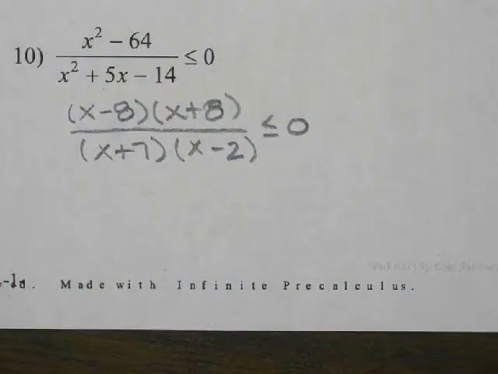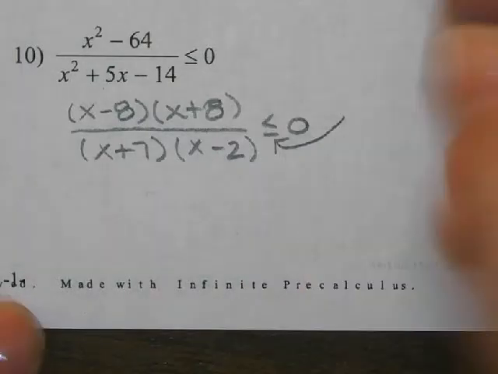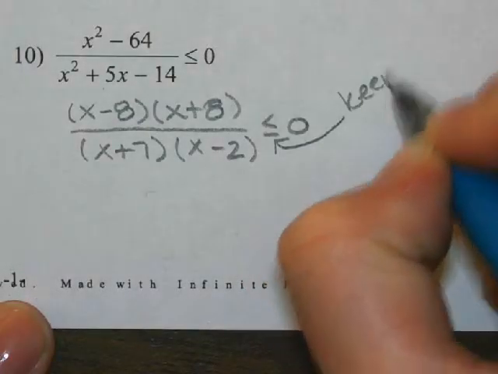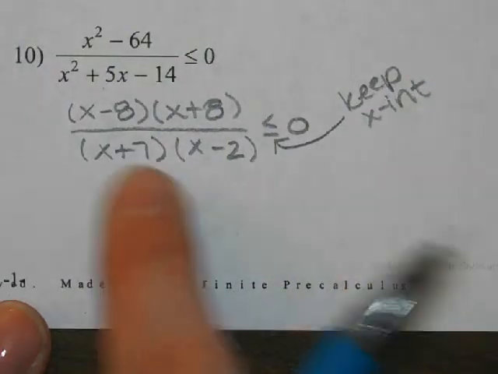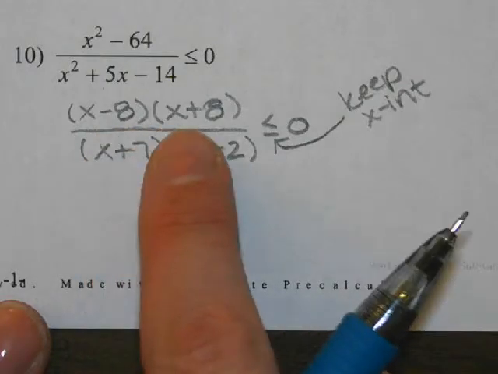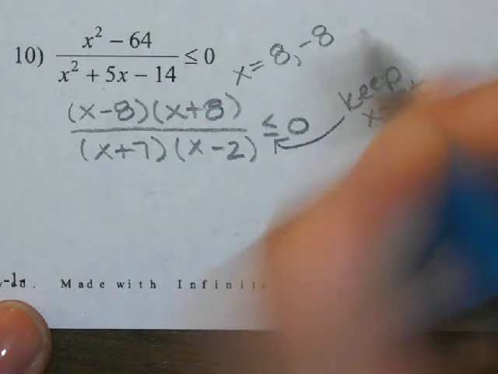So based on the symbol, do we keep our x-intercepts or do we exclude them? We keep them. All right, so our x-intercepts would be what? Positive 8 and negative 8, okay?